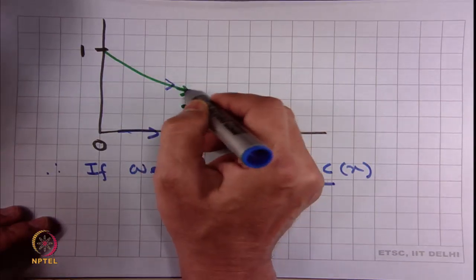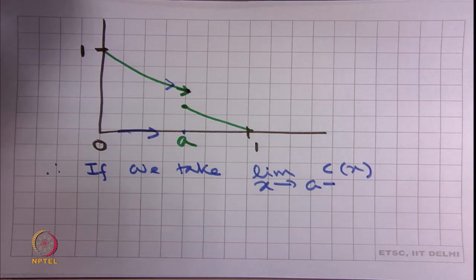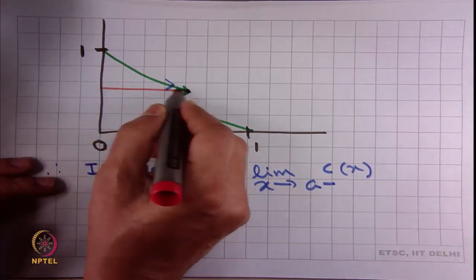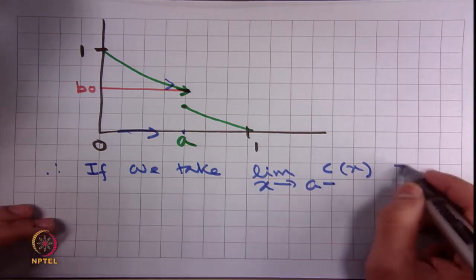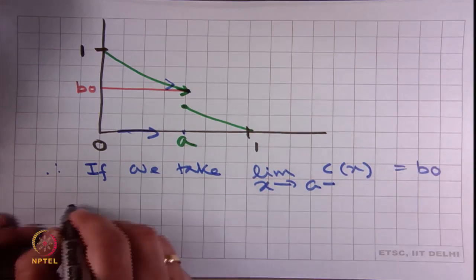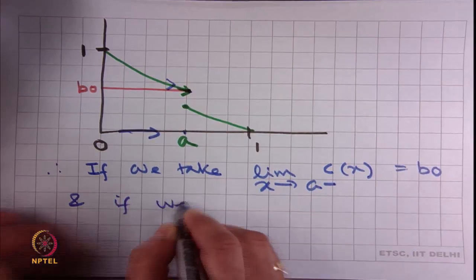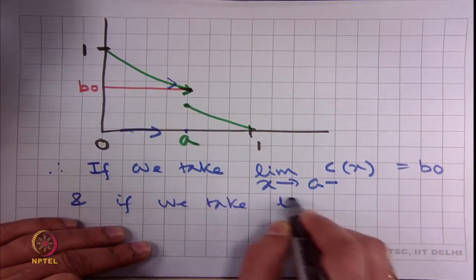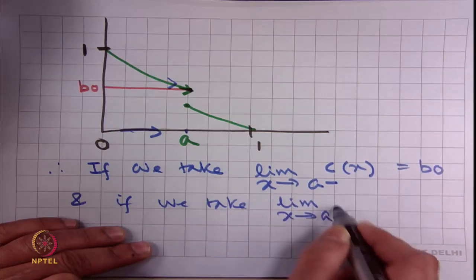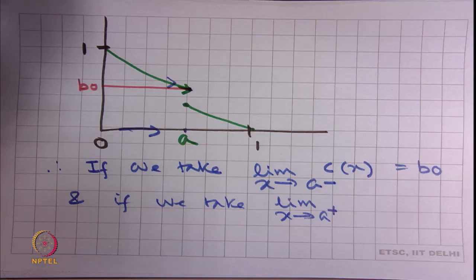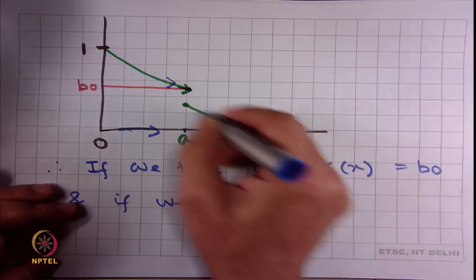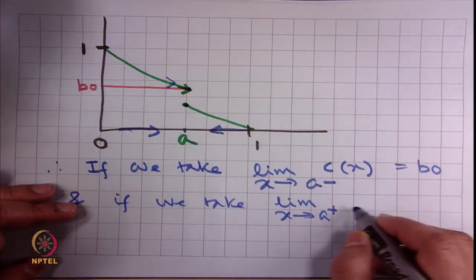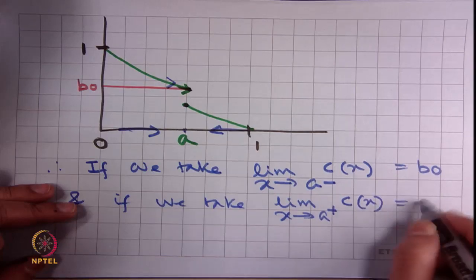Therefore, the limit is going to be this value, let me call it B 0, and if we take limit x goes to A plus, that means we are moving towards A from this side, then the limit will come to this point. Let us call it B 1.